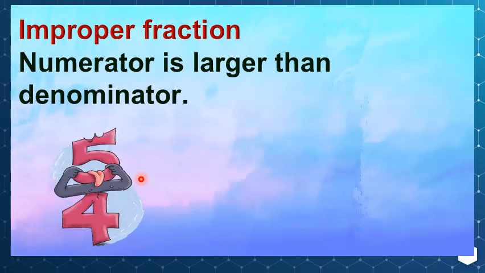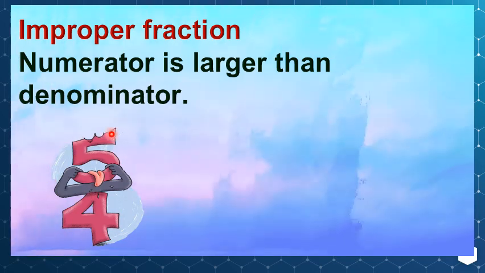For example, 5 by 4. In this example, you can see the numerator is larger than its denominator. As we all know what is numerator, the top part of the fraction is called numerator and the bottom part of the fraction is called denominator.